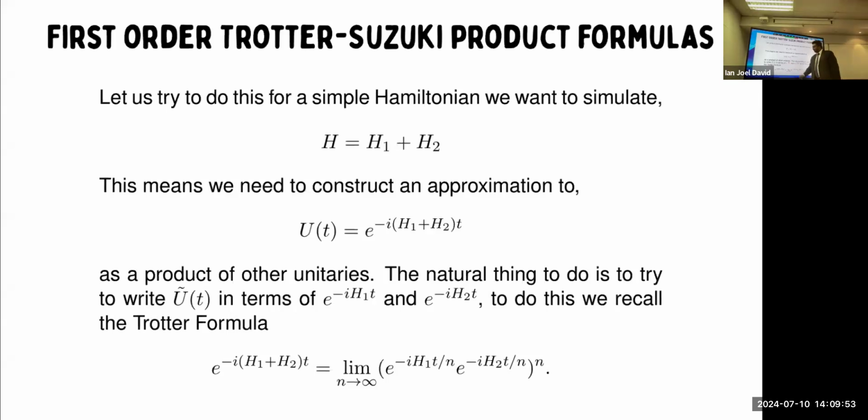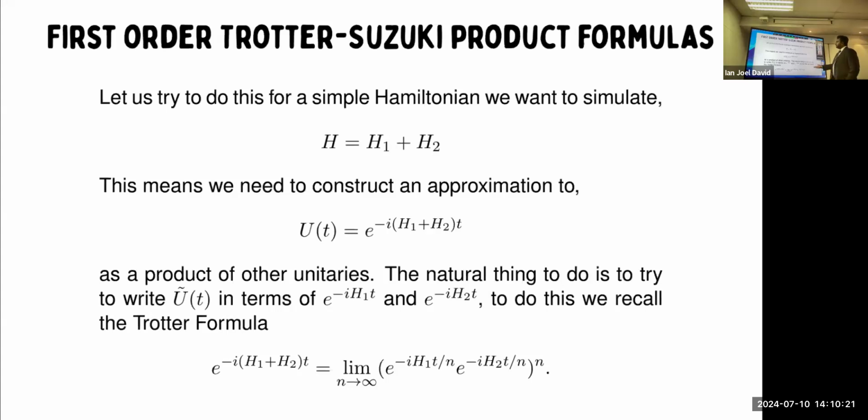In the literature, most of the time you see this as the Trotter formula. The Trotter formula tells us that we can split up an exponential like this by very simply taking the limit as n goes to infinity, writing them as a product of these two, dividing t by n on both sides, and then taking it all to the power n. So this is a very nice way to exactly split up this exponential.